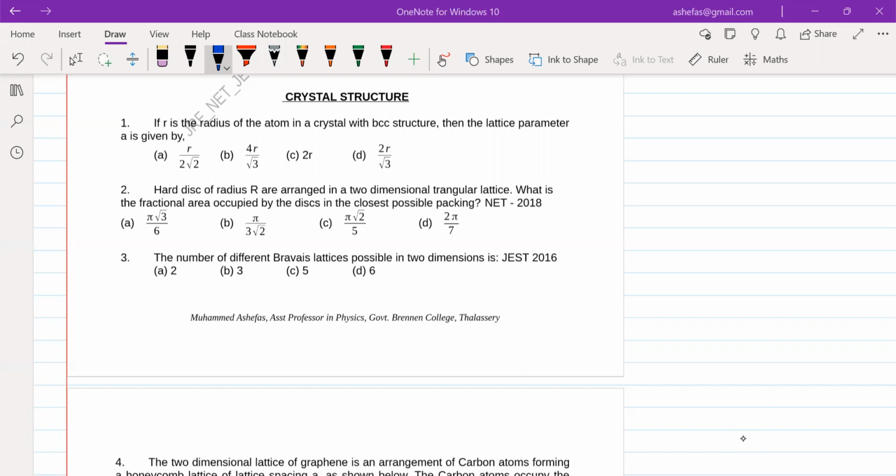If R is the radius of the atom in a crystal with BCC structure, then the lattice parameter A is given by. Okay, so first of all, we should know what my lattice parameter is. In case of the BCC structure, the BCC structure is like this, the body centered cubic system. The side of the cube is basically called the lattice parameter.